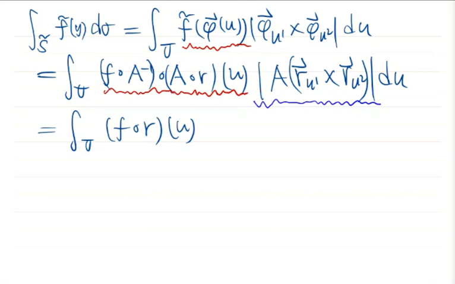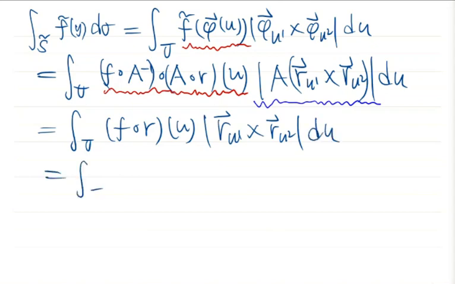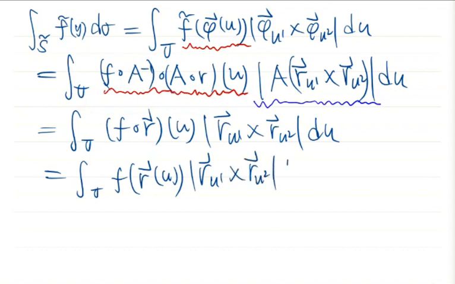So this is the norm of R u1 cross R u2, du, and this can be written as the norm of R u1 cross R u2, du. So this is precisely the integral over S of the function f. So this proves our result.